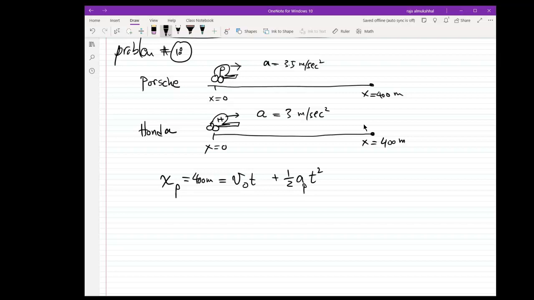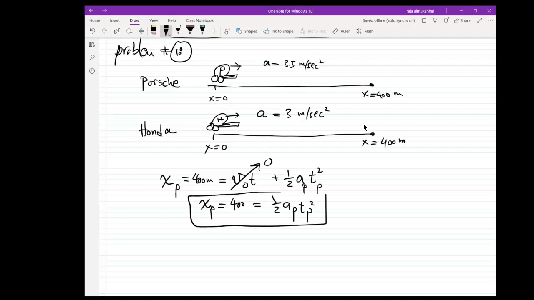And the time here, of course, is also for the Porsche. Now, the initial velocity of the Porsche is 0. So basically, x sub p, which is 400, equals 1/2 a sub p t sub p squared. I'll come back to this equation in a minute. I can put in some numbers in there, but I'll do that in a minute.